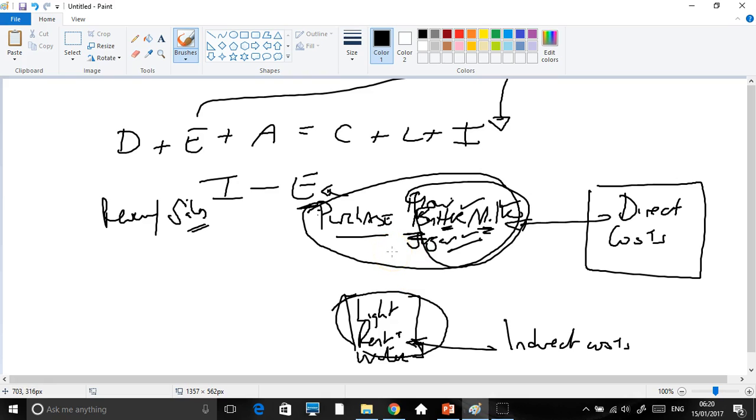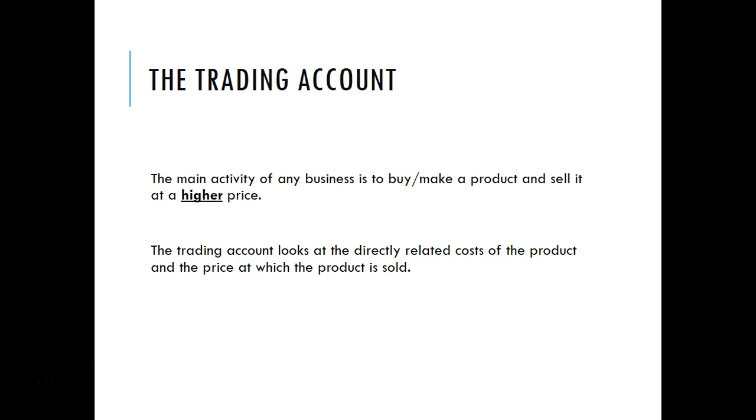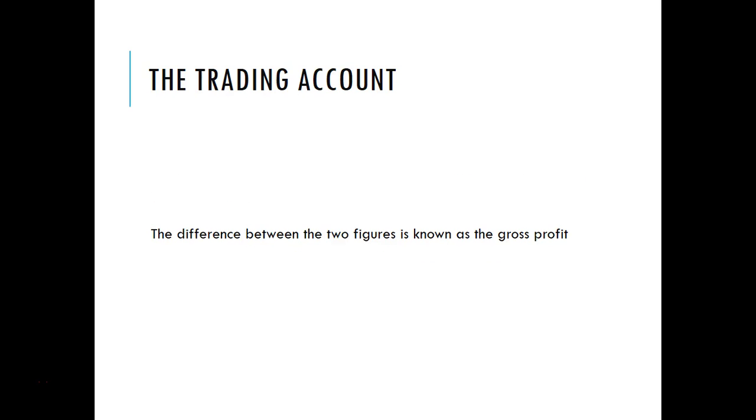Okay, right. So let's go back to our slide. So this idea of the trading account, the aim is to separate clearly the costs of making the product from the indirect costs. And we'll look at examples in a second.